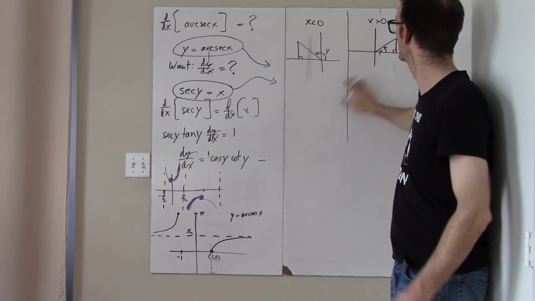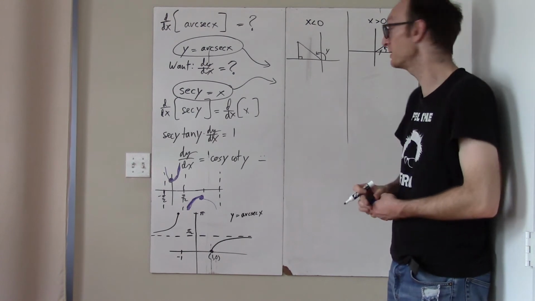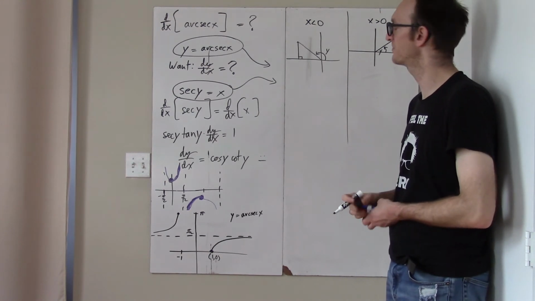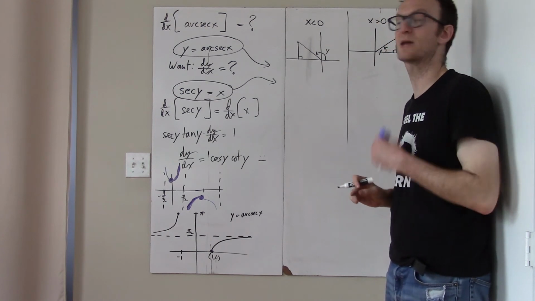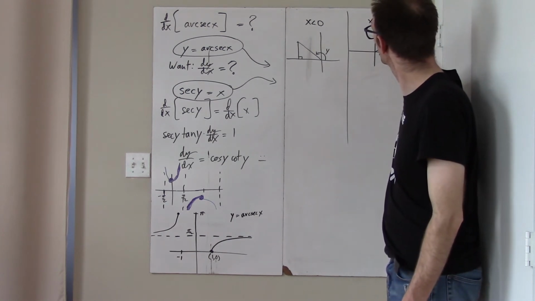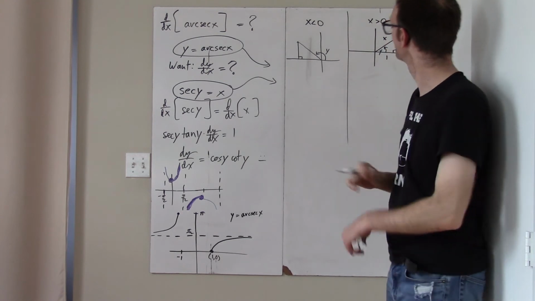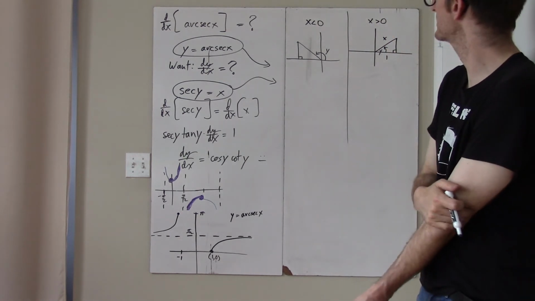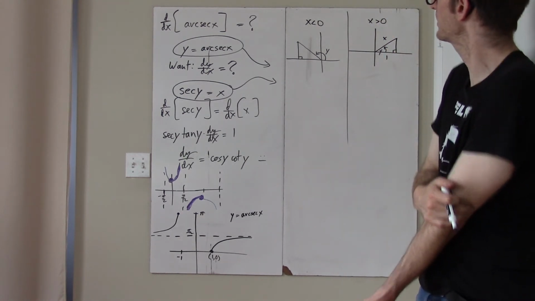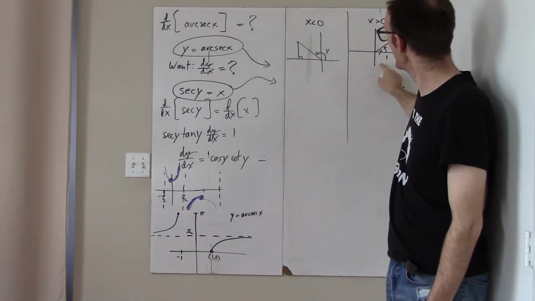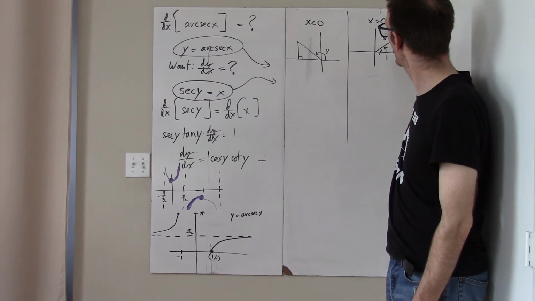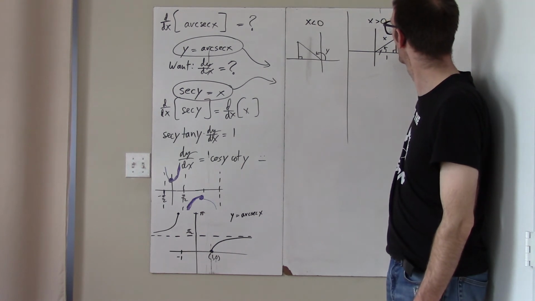And I need to label the sides of this triangle in such a way that the secant of this angle is x. Well, secant is just the ratio between the hypotenuse and the adjacent, so the simplest thing to do would be to make that x and that 1. Now, it is true that the secant of y is x over 1, or x, and therefore this angle is arcsecant. If that's x and that's 1, then this is root x squared minus 1.